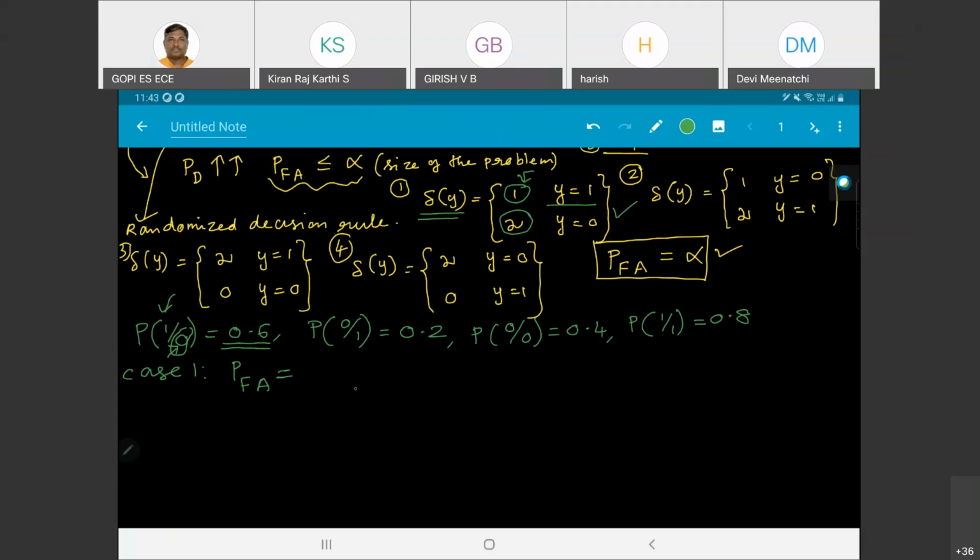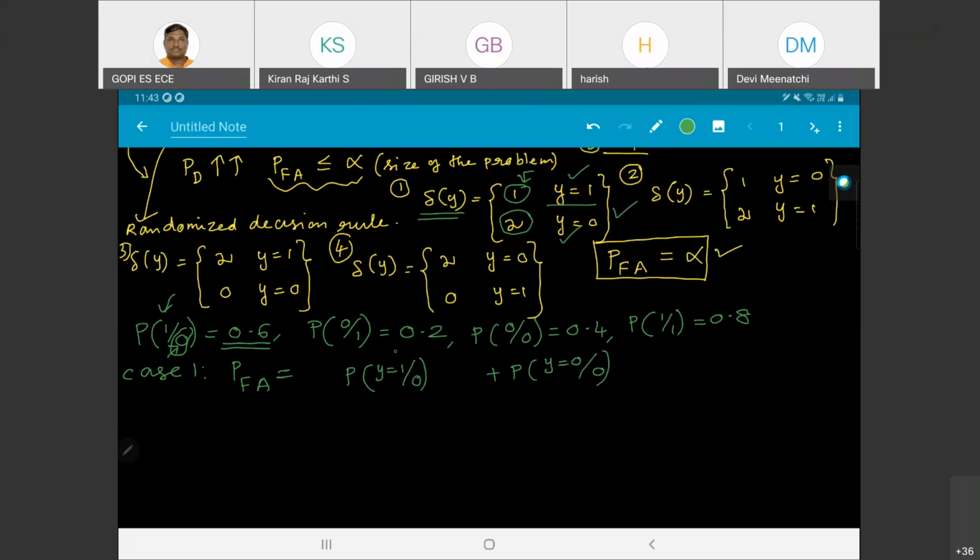To get a false alarm, you are getting a false alarm in both cases, when you are getting y equal to 1 as well as y equal to 0, when 0 is transmitted. In both cases you are getting the probability of false alarm, but you have other probabilities also involved in it, right?